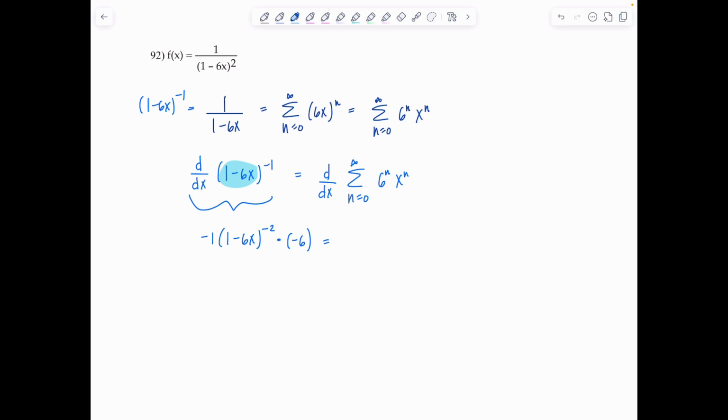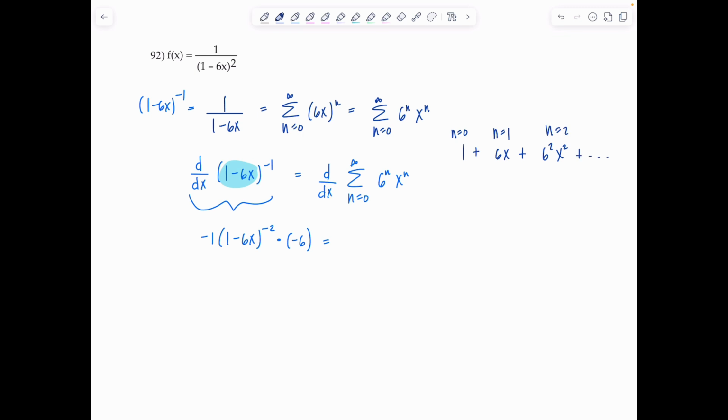And then now I'm going to differentiate my power series. Anytime you take the derivative of a power series, be careful because we're starting at n equals 0. So the first term would be 6 to the 0, x to the 0, which is 1. Then the next term is 6 to the first, x to the first. Then the next term is 6 squared, x squared, and so on and so forth.